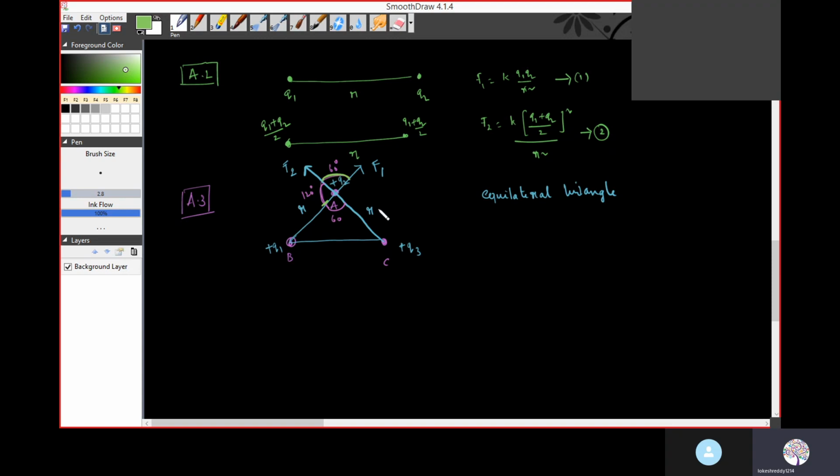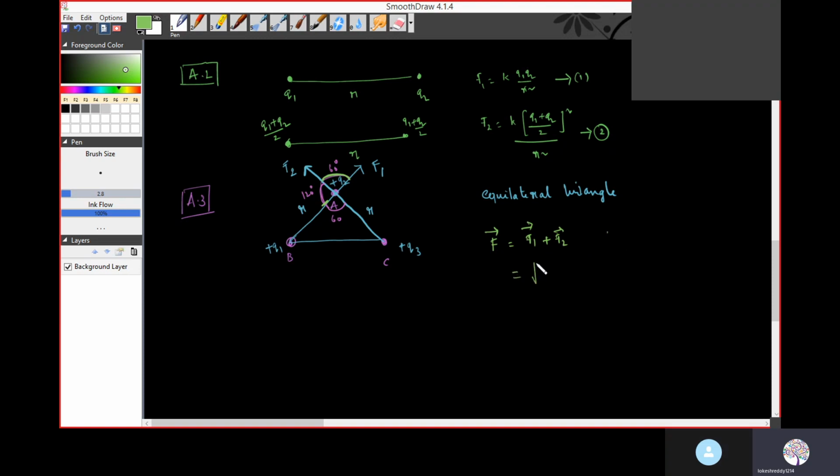As force is a vector, you have to add it vectorially. So F is equal to F1 plus F2. This is also called the principle of superposition. It just tells you that if they are vectors, you have to add them vectorially.